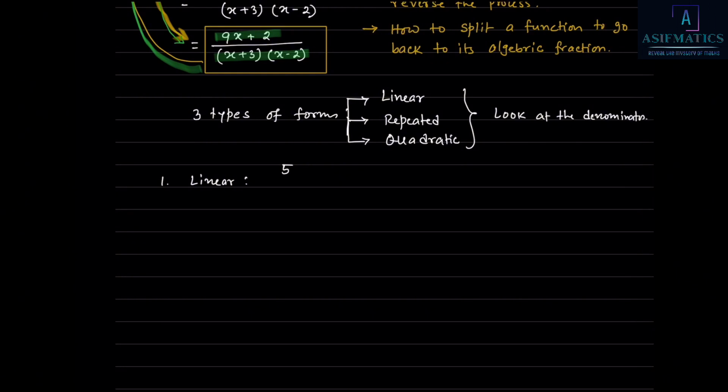Let's say we have 5 divided by x plus 1 into x minus 3. When you need to check the linear form, look at the power of x in the denominator.